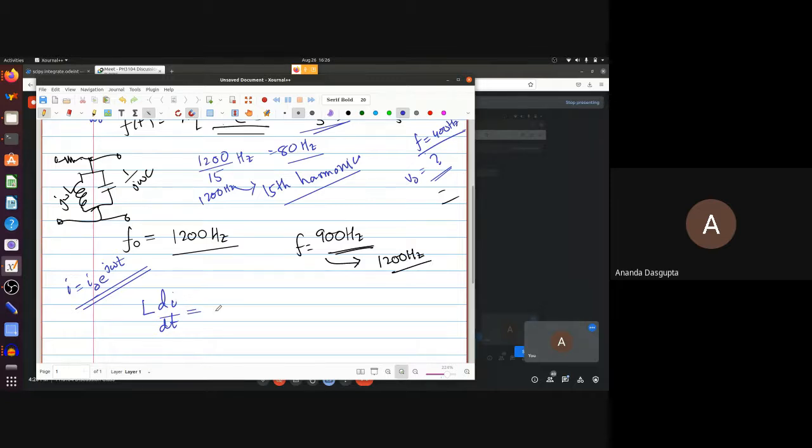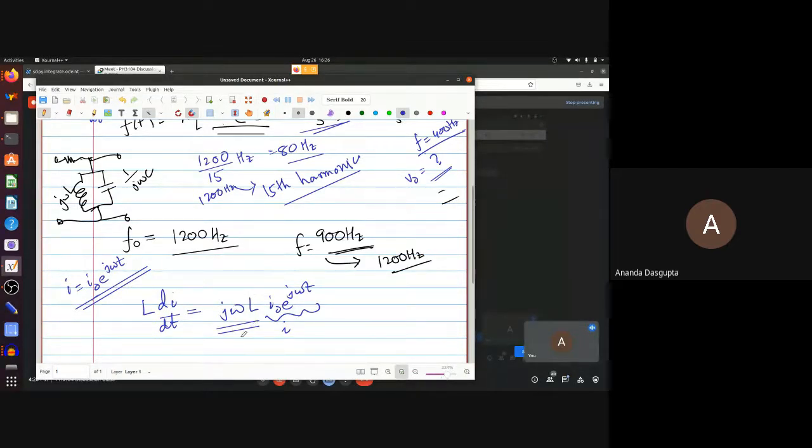And once you plug this in, di dt becomes very simple because when you're differentiating an exponential, all that happens is j omega comes down, and then you are left with j omega L I0 e to the j omega t. This, of course, is the current. So the voltage across the inductance is j omega L times the current. Right?